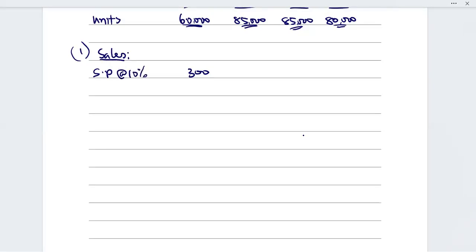I want to inflate the 300 naira selling price. Remember, this 300 naira selling price is a real cash flow, and you want to convert it to money cash flow. Therefore, money cash flow is equal to real cash flow multiplied by 1 plus inflation rate raised to power n. So in this case, just say 300 multiplied by 1.1.